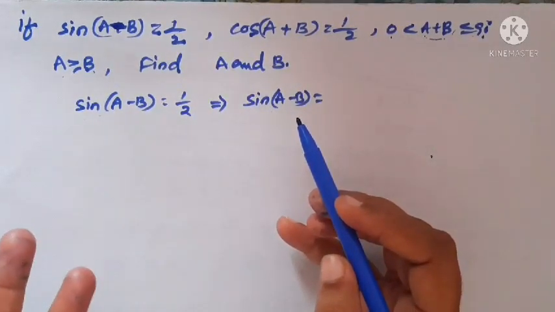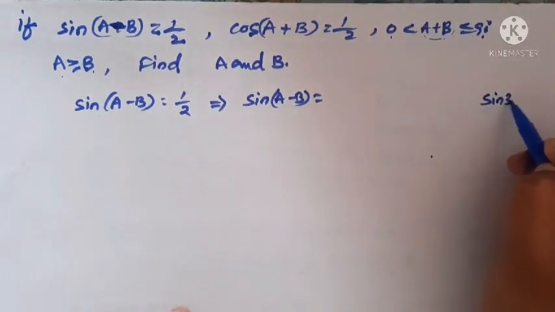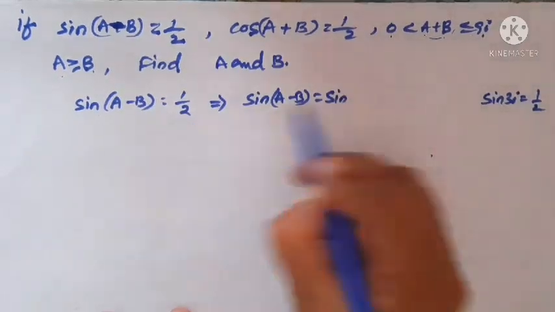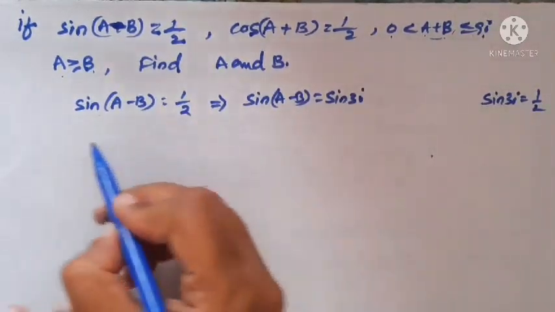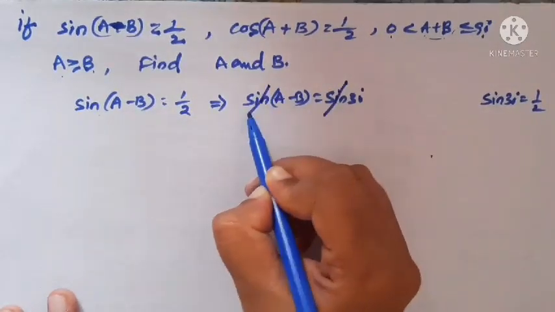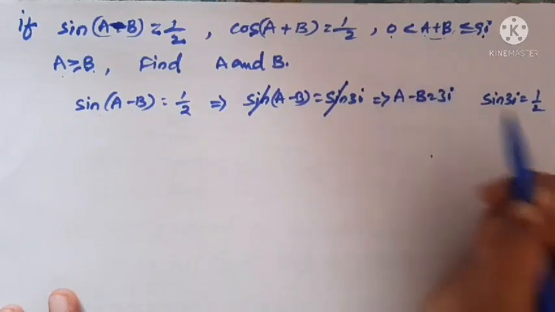For which angle is the sine ratio equal to 1 by 2? You know that sine 30 degrees is equal to 1 by 2. So write sine 30 instead of 1 by 2. Right? And now, cancelling the sine ratio, you will get A minus B equals 30 degrees.